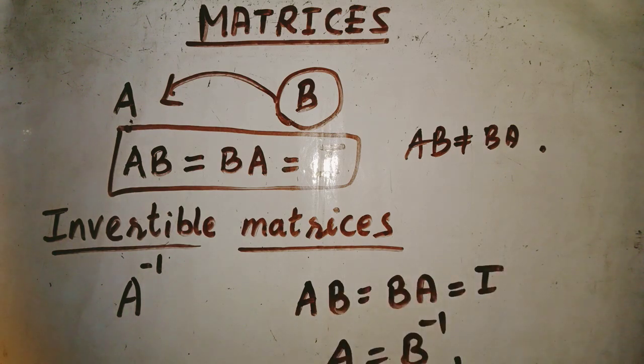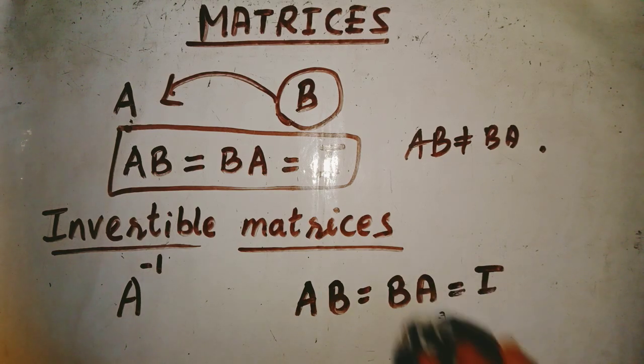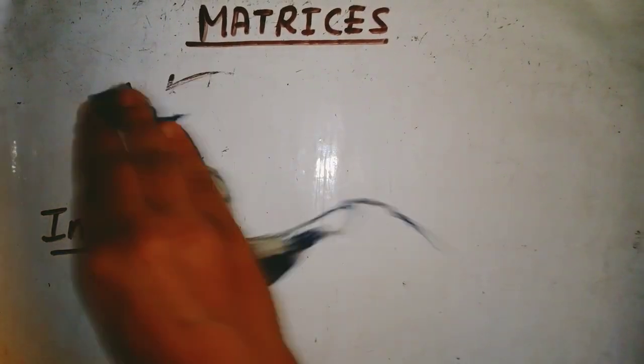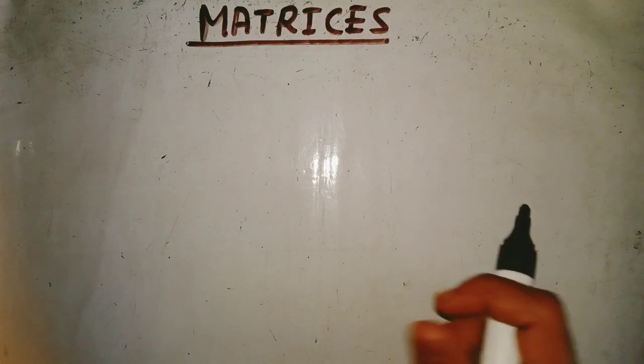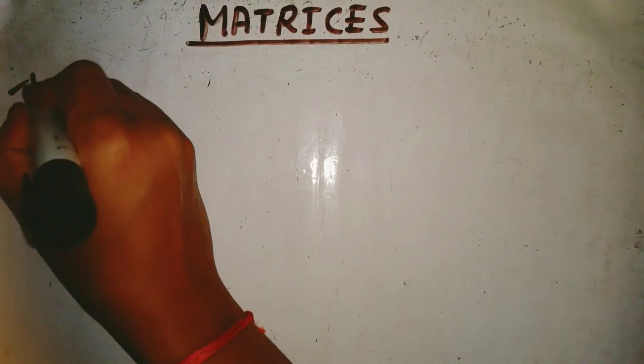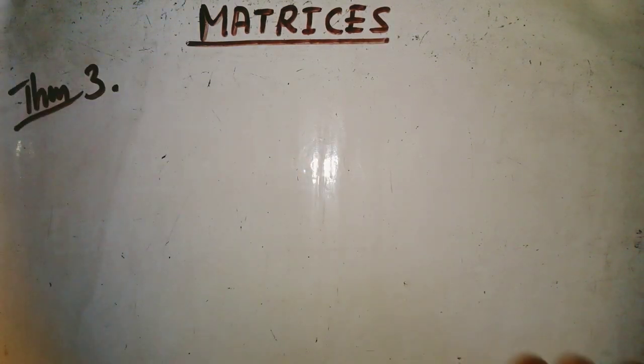Now there is a theorem which says it is uniqueness of inverse. Inverse of a square matrix, if it exists, is unique. We'll just prove that. It is given as theorem 3 in the textbook.